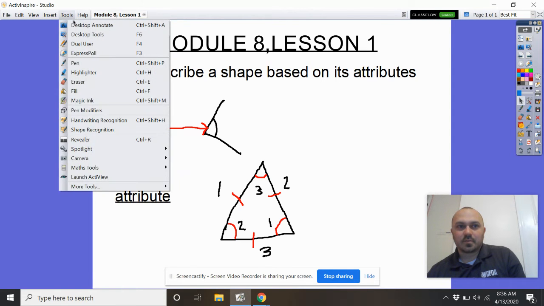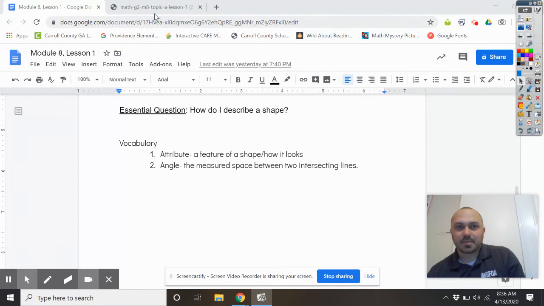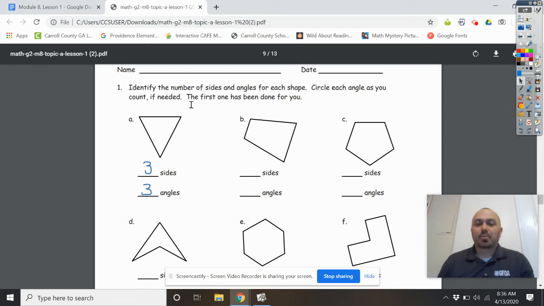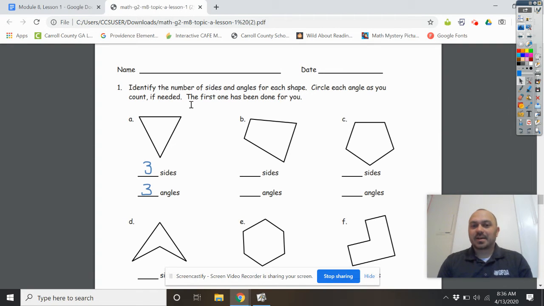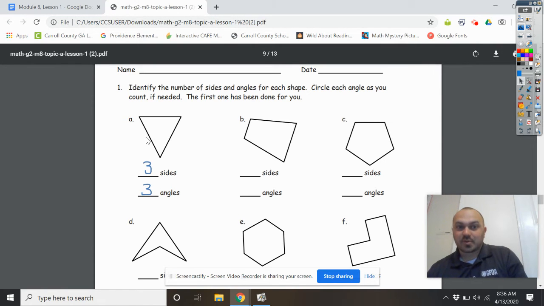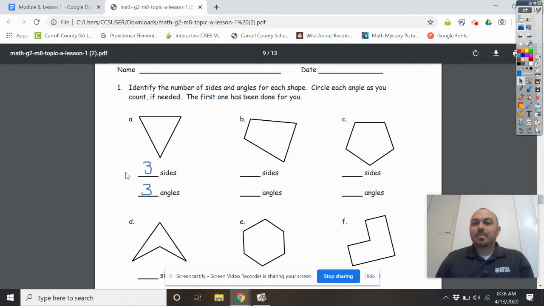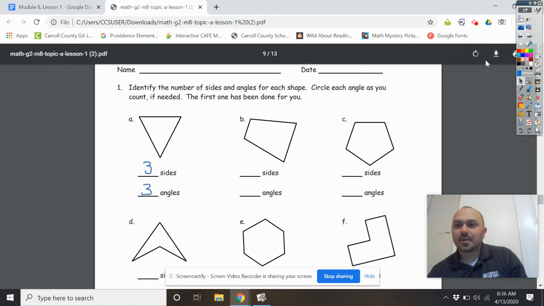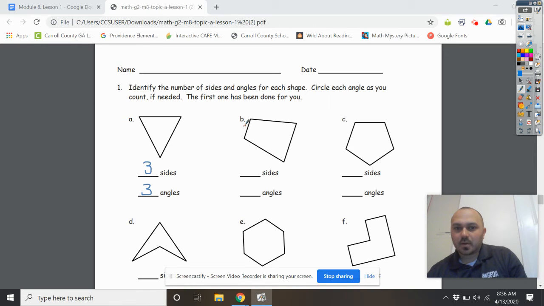So let me go to our desktop again, and let's open up the problem set for Module 8, Lesson 1. The first one has been done for us. It is a triangle, and there are 3 sides and 3 angles. So let's do B. Let's count the number of sides. So I'm going to make it red so everybody can see. We have 1, 2, 3, 4 sides.